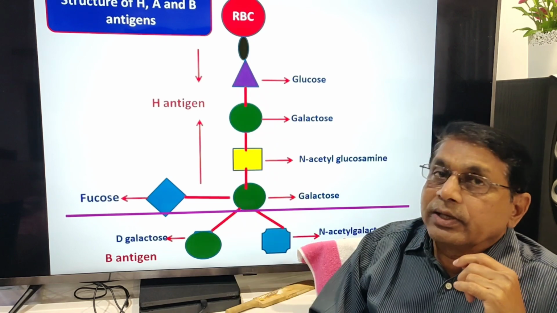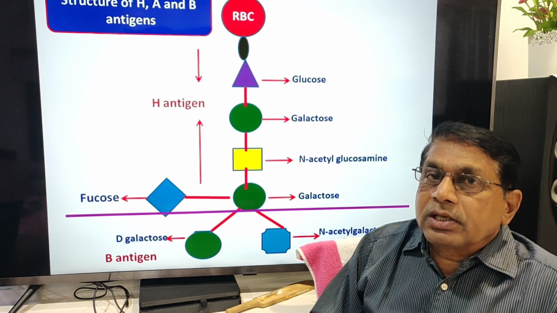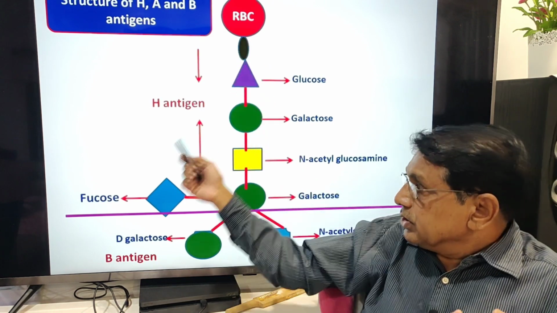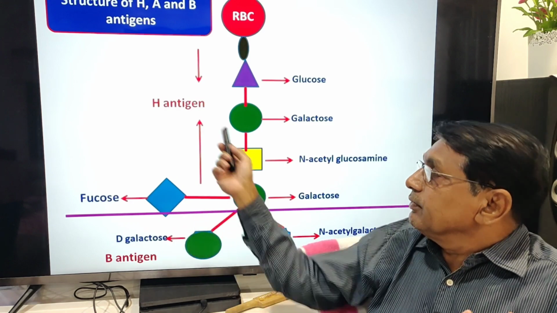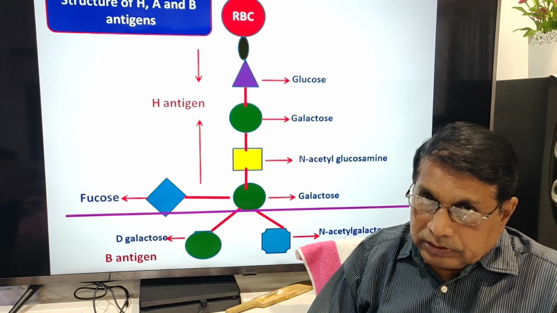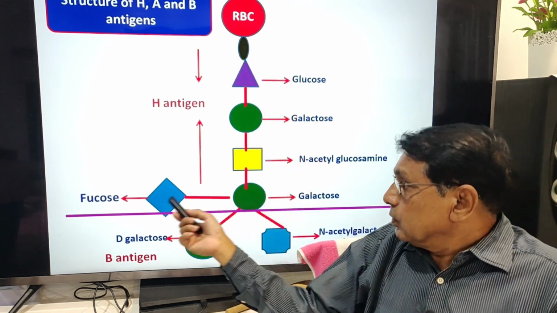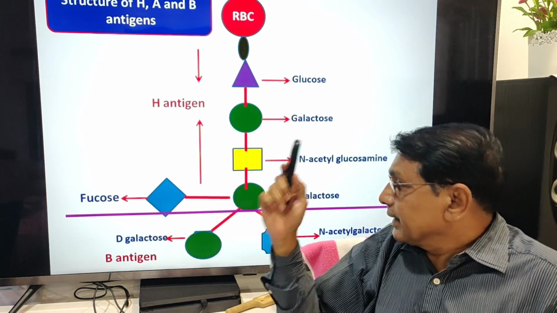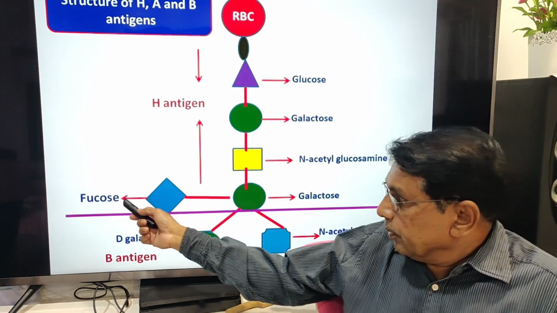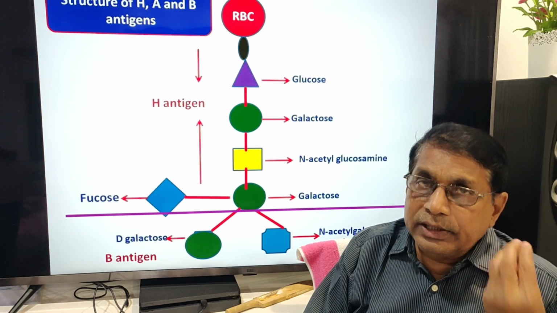That's why the antigen is called a glycoprotein: protein associated with certain carbohydrates. If the structure is up to this point, it is called the H antigen. That means the H antigen consists of glucose, galactose, N-acetyl glucosamine, fucose, and galactose. This structure is common for both A antigen and B antigen.